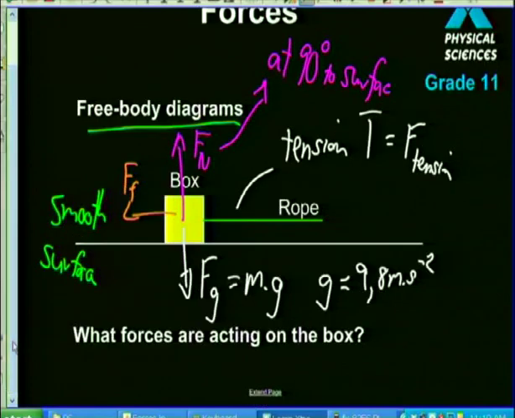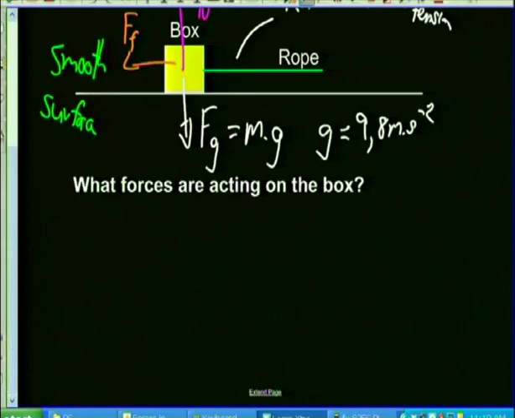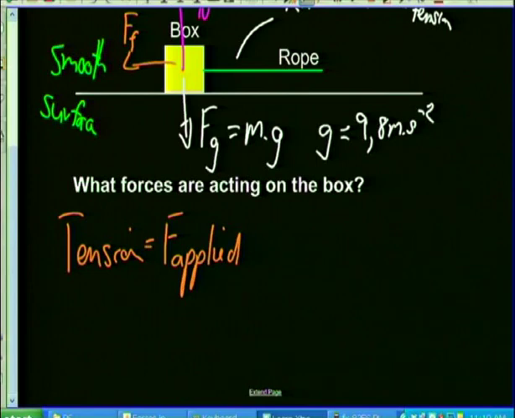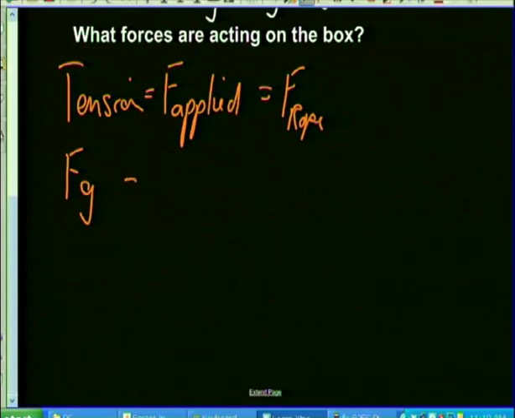We've got all the forces, we filled them in, we've identified them. There's the force of tension, which we're going to call the force applied, another word for it, which is in the rope. So we could even say force of the rope on the box. The other force is the force of gravity, or due to gravity. We're going to say this is the force of the earth on the box.